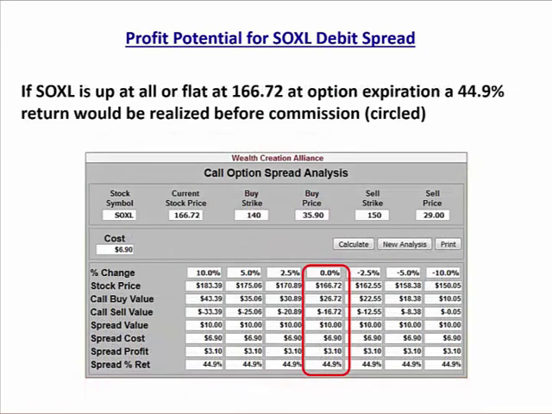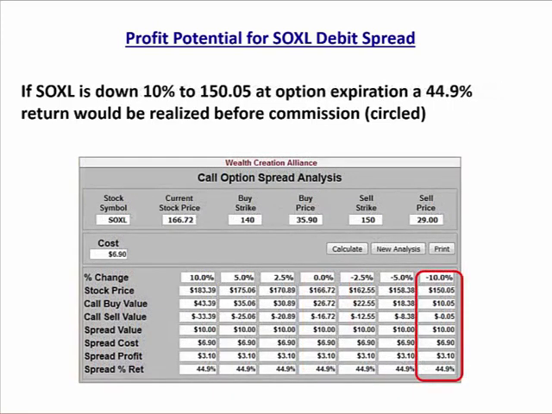So we can see if the SOXL is flat at option expiration at 166.72, the spread will realize a $310 profit and a return of 44.9% before commissions. And we can also see that if the SOXL increases in price at all, we'll realize a $310 profit and a 44.9% return. So if the ETF is flat or up at all, we're going to realize a 44.9% return.